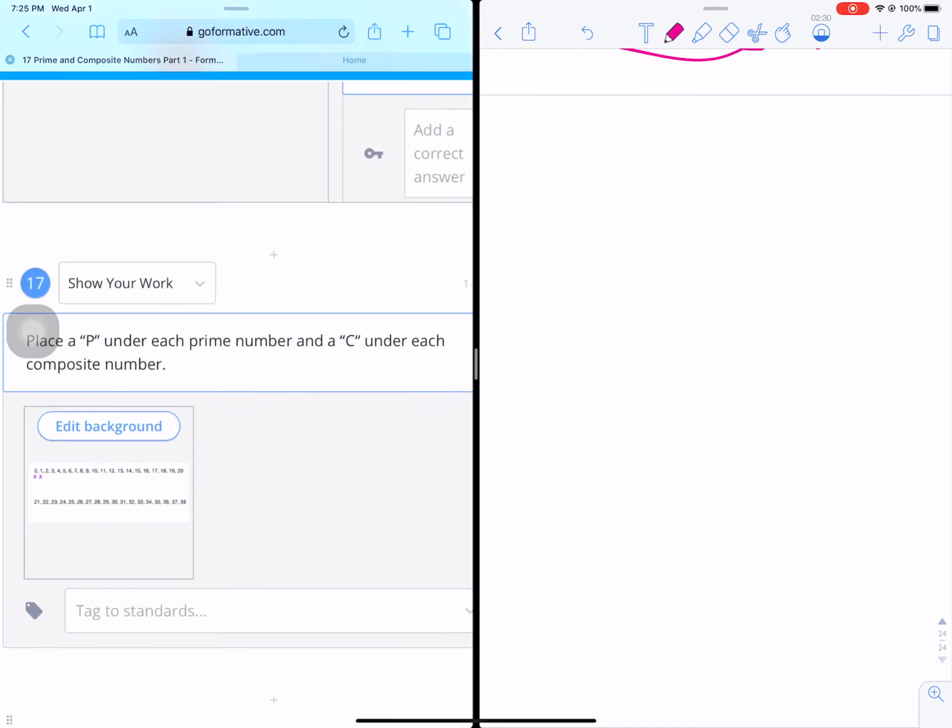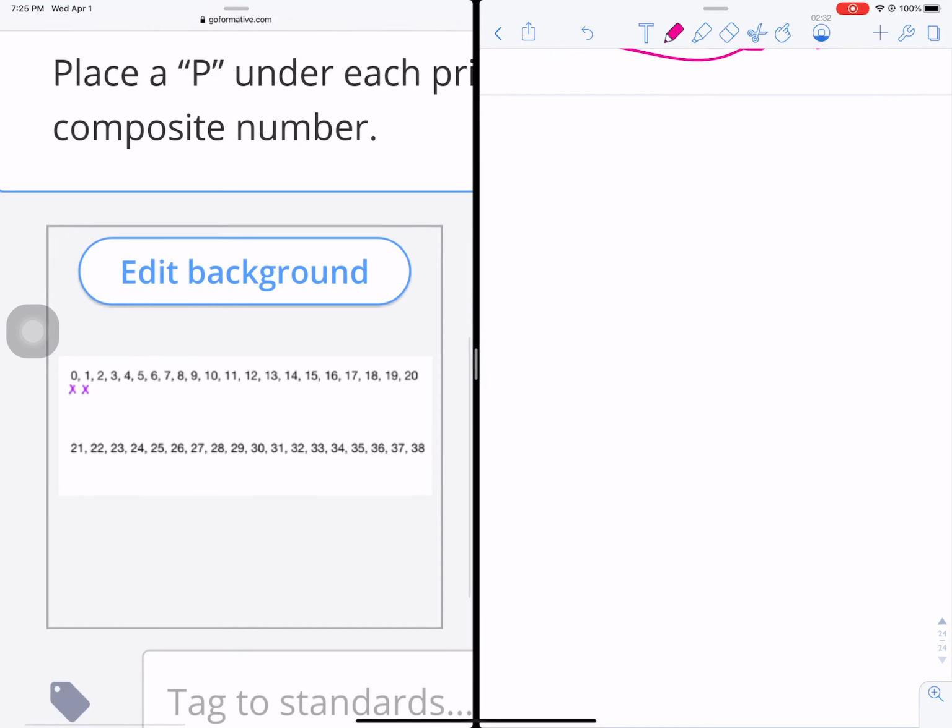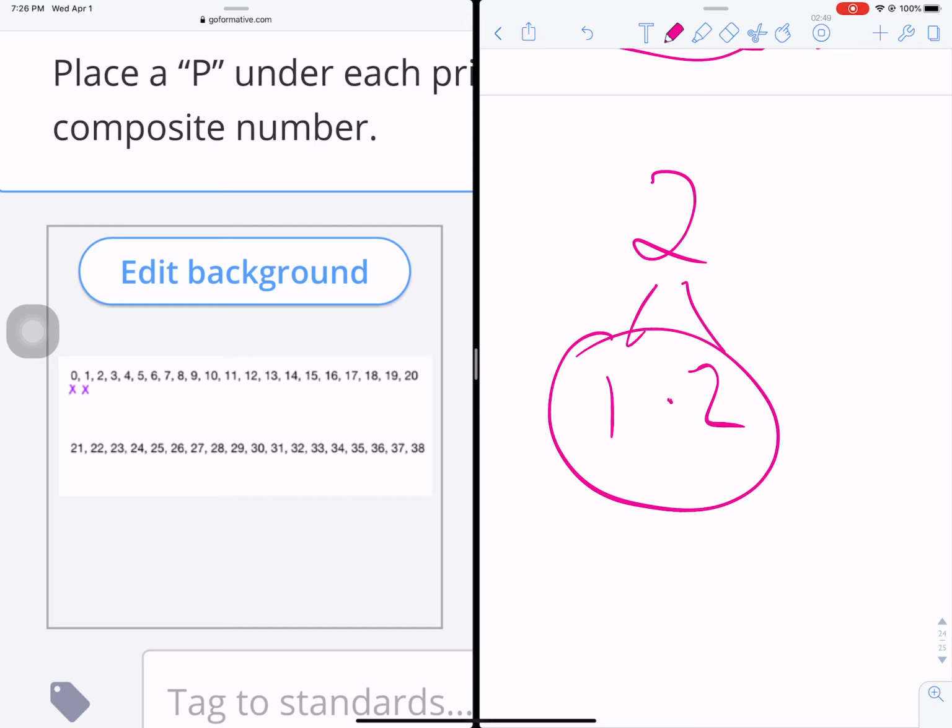I like this one a lot because you just have to put a P for prime or a C for composite. And it already blocks out 0 and 1, so it already tells you that you can't do that. But you can go through and see. 2 is fun because 2 is only formed by 1 and 2. Therefore, 2 is prime.